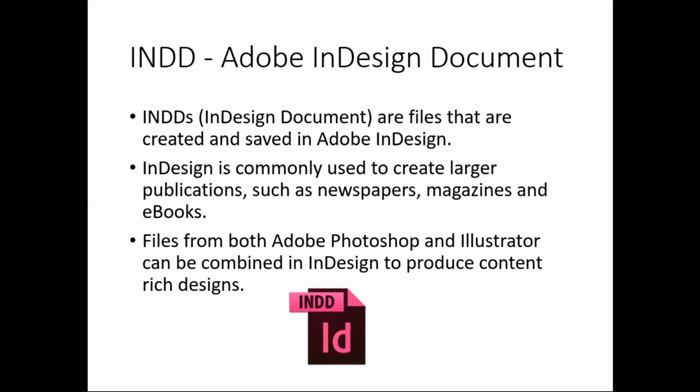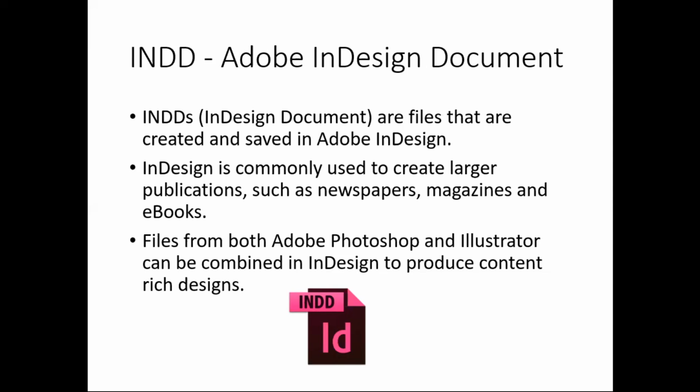And Adobe InDesign document. The software Adobe InDesign is mainly used in creating publications like newspapers, magazines, ebooks, and so on. The advantage of this software is we can add Photoshop files as well as Illustrator files, and we can combine those things and create a single product, right?